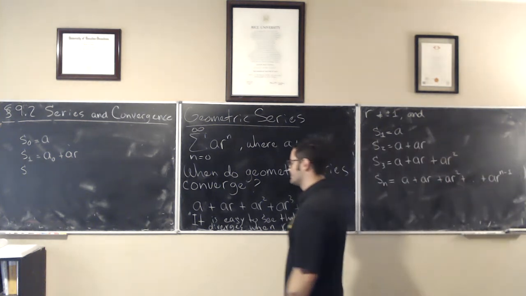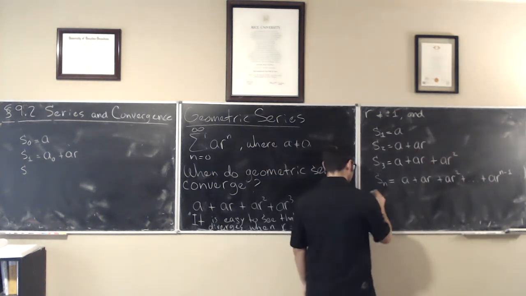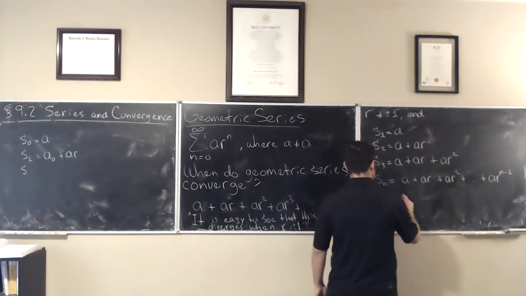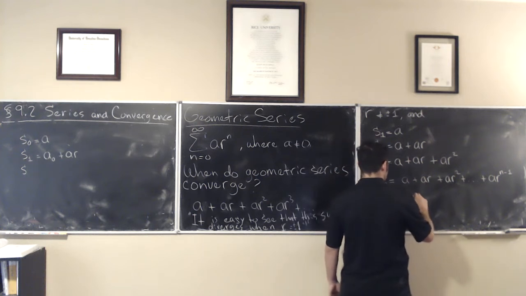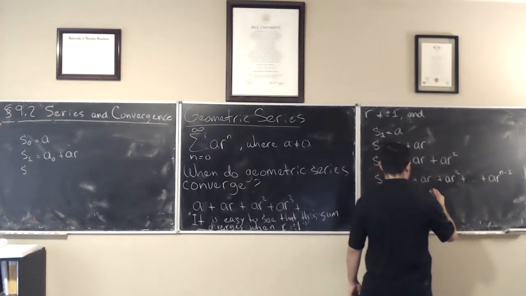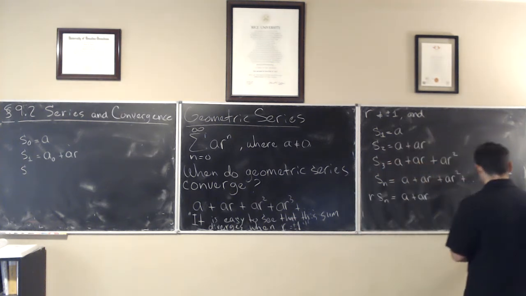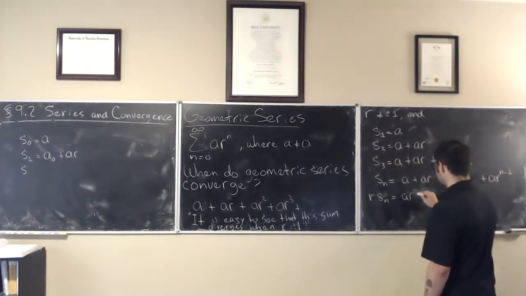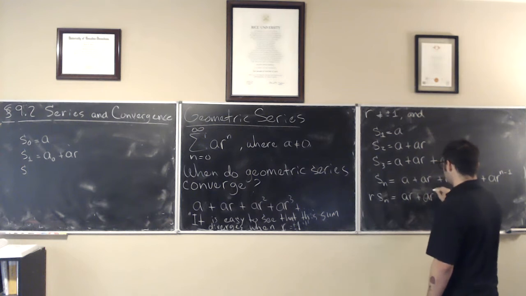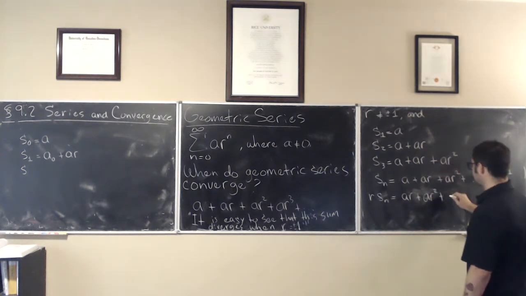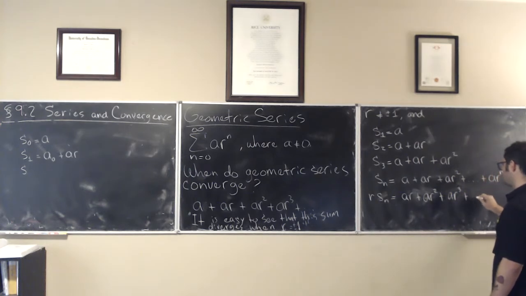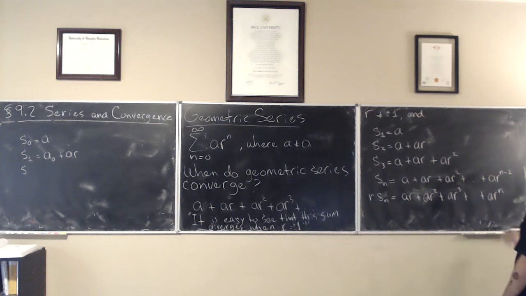Now, if I do my little multiplication trick, it'll work. So multiply both sides by R. So now this will be A times R plus A times R squared plus A times R cubed, plus dot dot dot, plus A times R to the power of n.